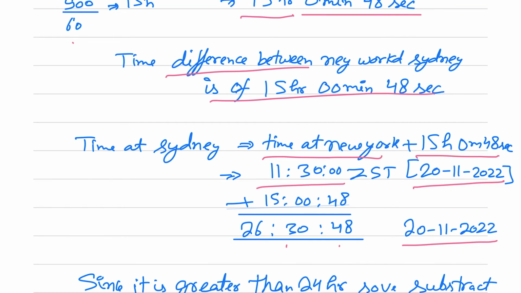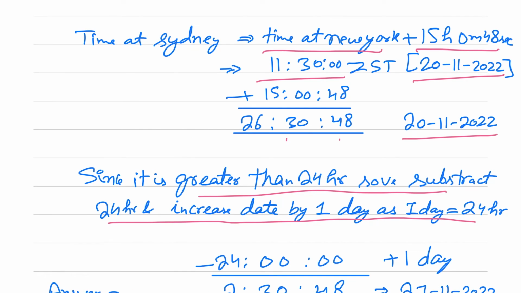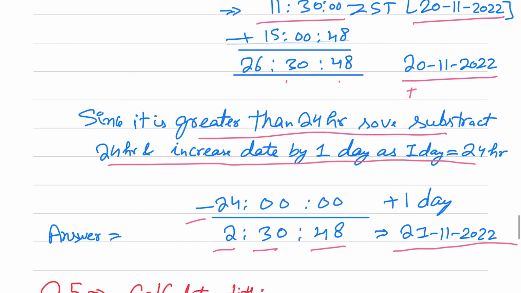So if it is coming greater than 24 hours, that means the day has changed in that particular location. So we subtract 24 hours from this and add one day to the date. So we get 2 hours 30 minutes and 48 seconds, and adding one day, it is now 21/11/2022 at 2 hours 30 minutes and 48 seconds. So this is the answer.